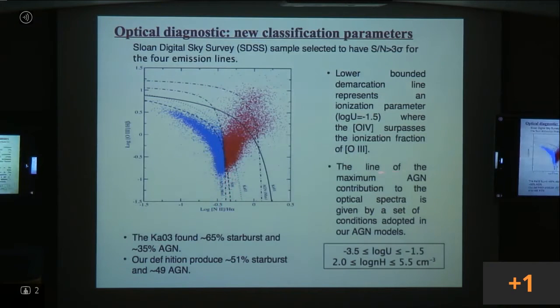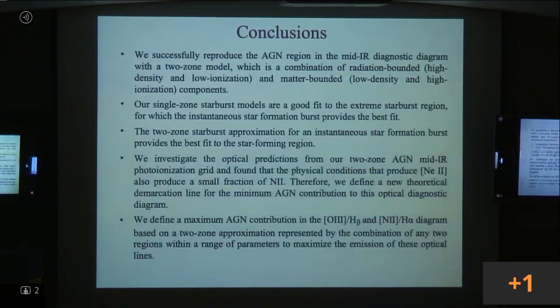And the line of the maximum AGN contribution to the optical spectrum, this one, is given by a set of conditions adopted in our AGN model from the mid-infrared. So our conclusion is that we successfully reproduced the AGN region in a mid-infrared diagnostic diagram with a two-zone model, which is a combination of a region with low ionization and high density and a region with low density and high ionization.